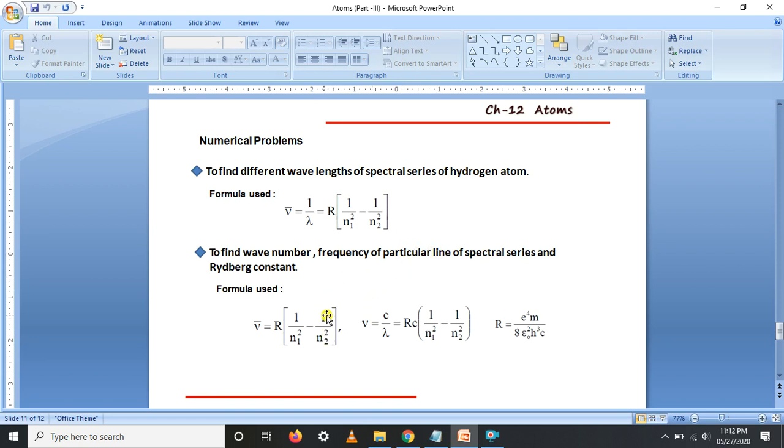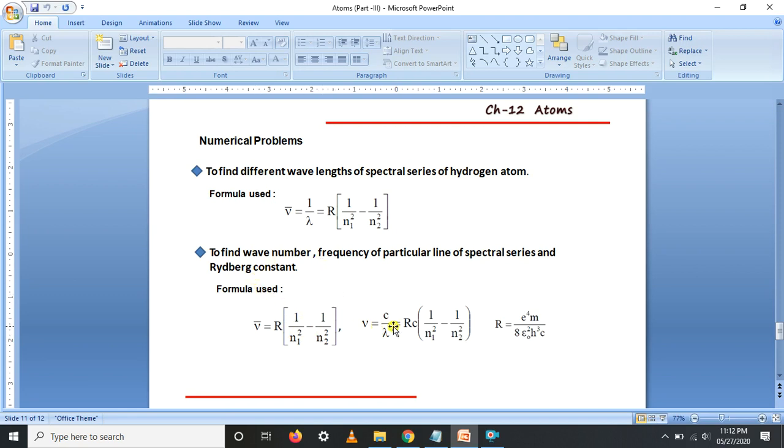Second, you should find the wave number using this formula, and the frequency of a particular line of the spectral series, and after that the Rydberg constant. These are the formulas. For wave number, it is R in bracket (1 by n1 square minus 1 by n2 square).